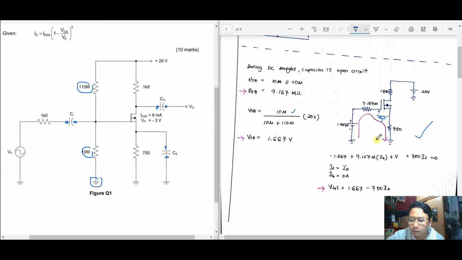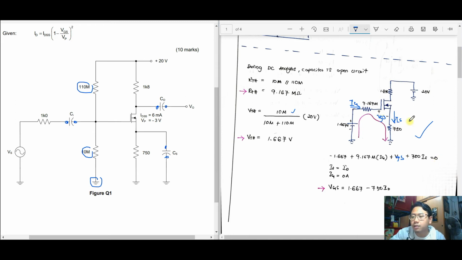The first term is negative 1.667 volt plus 9.167 mega ohm times Ig, here is Ig, plus VGS, plus 750 times Is, here is Is, and equal to 0.